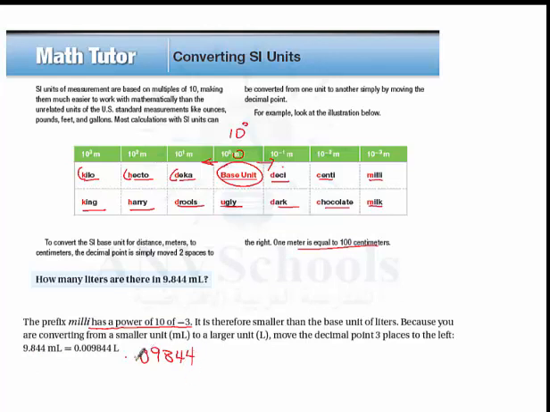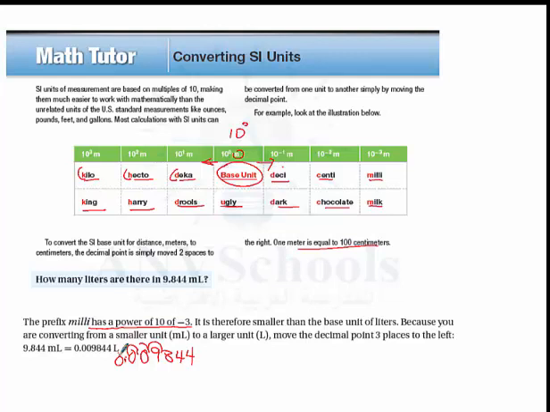You will move 1, 2, 3 points to your left. So this is where the point is at 9. You move 1, 2, 3, and you put it there. So by doing so, you are converting it.